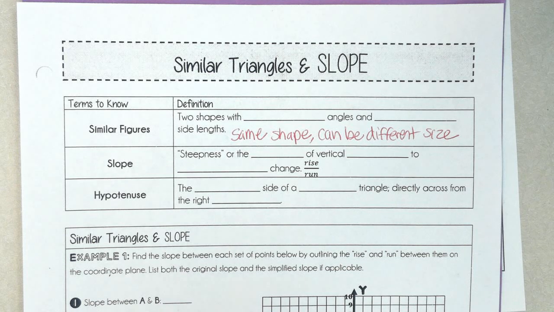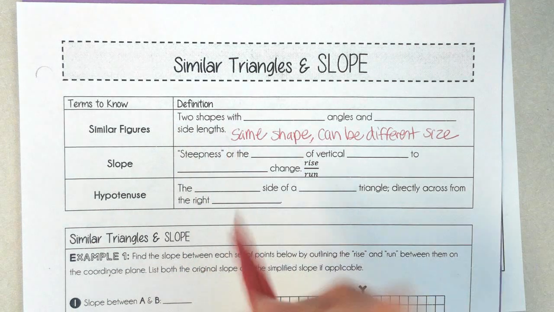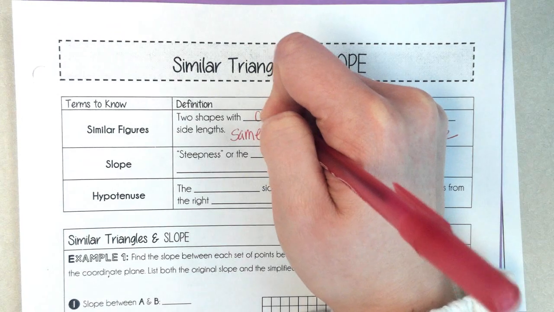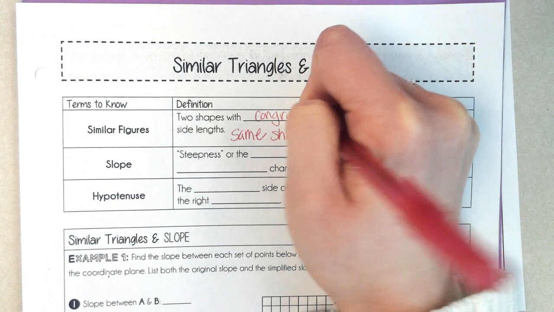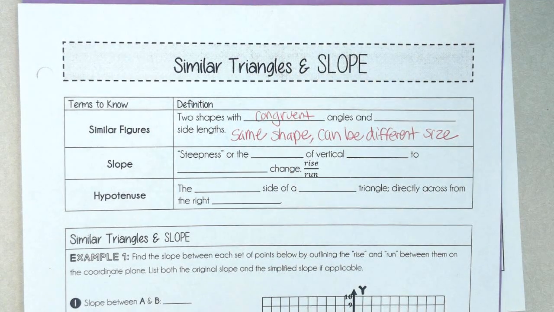All right? So it says two triangles with congruent angles, which is what we've been learning. Congruent angles mean they have the same shape. If they have two congruent angles, the third angle has to be congruent, which means they are the exact same shape.